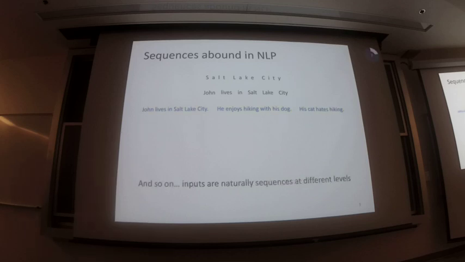So we've looked at inputs. From the previous slides, we looked at cases where our inputs are sequential in nature, in the sense that they are of variable size. So inputs are naturally sequences at different levels. We could have, say, a one-to-one, where it's just a single input and then a single output.